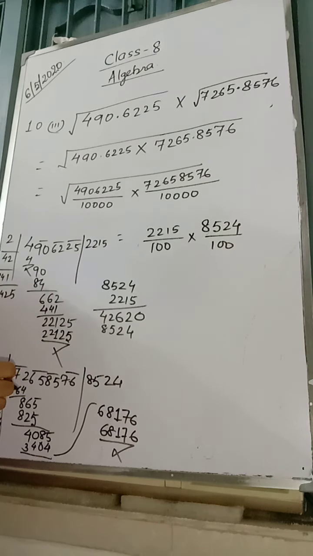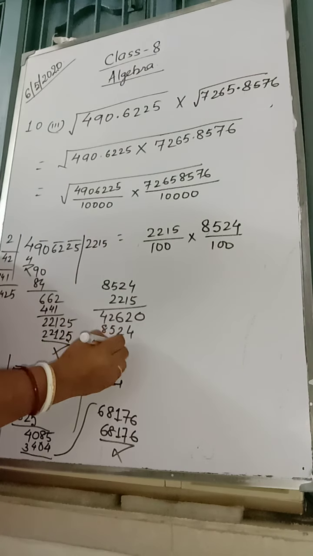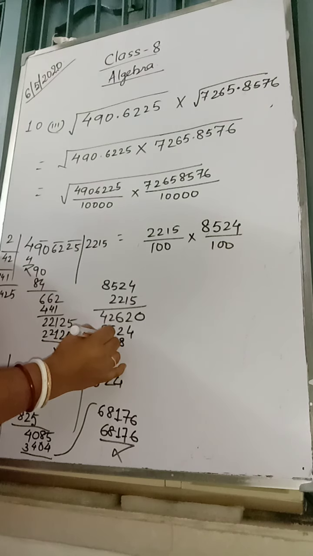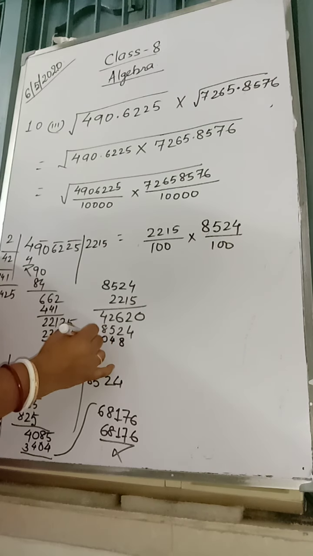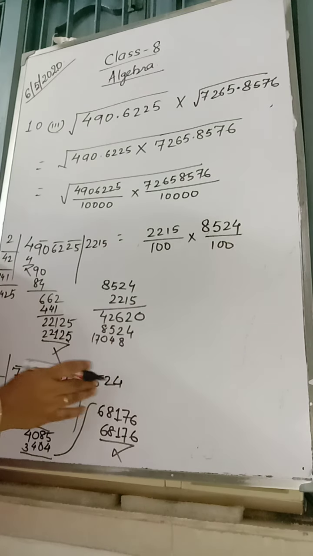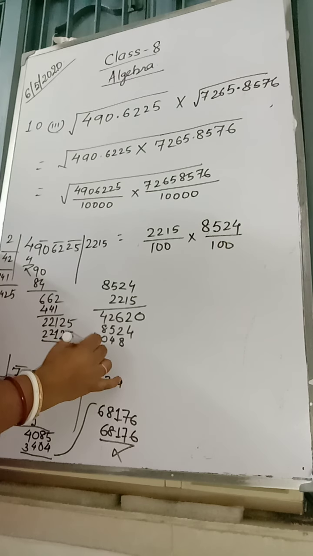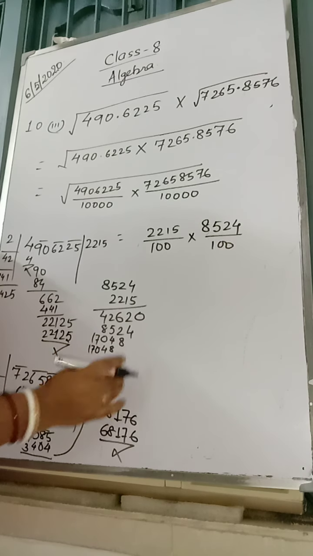Now 2 4s are 8. 2 2s are 4, 2 5s are 10, 2 8s are 16 and 1 17. Once again 1 7 0 4 8.